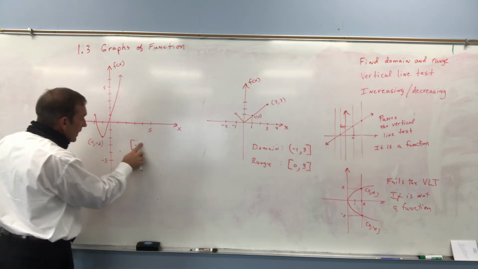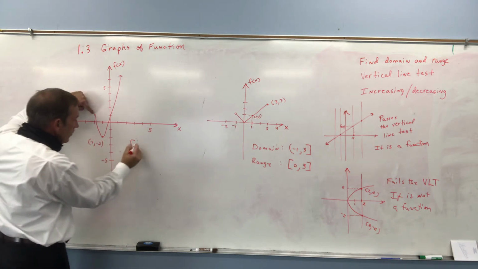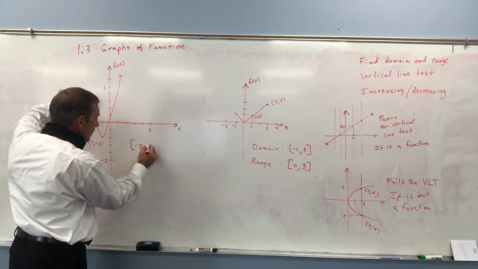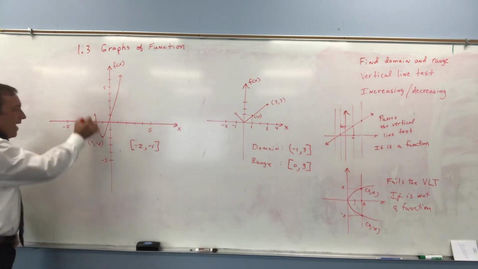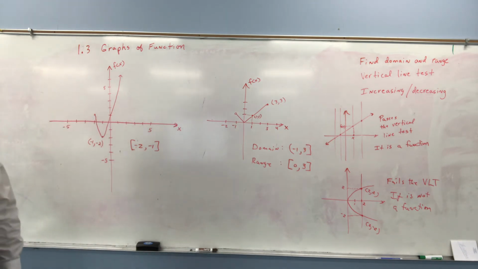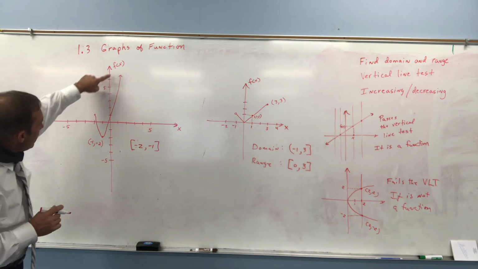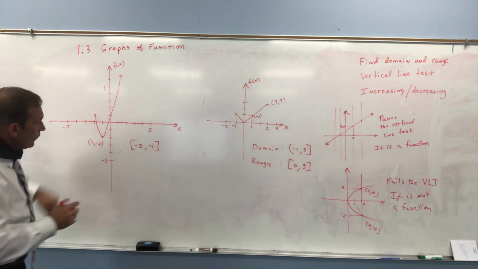As you move from -2, that x value -2, all the way over to the x value of -1, on that interval, the y values, the function values, are going down. So it's decreasing.